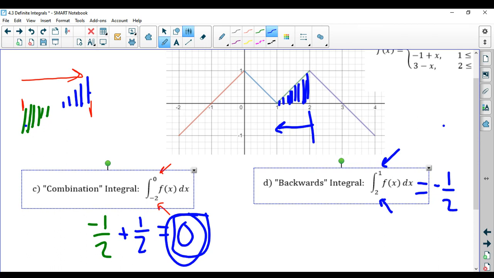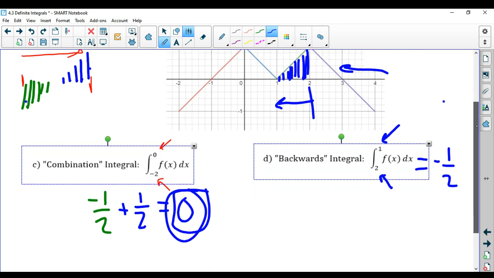So if you think about it, a normal integral, if the graph is above the x-axis, it always calculates positive. If you go the opposite direction, though, it will calculate as a negative. Same thing as if I were going to calculate the integral from 4 to 3. Usually that's negative, but this integral would calculate as positive.